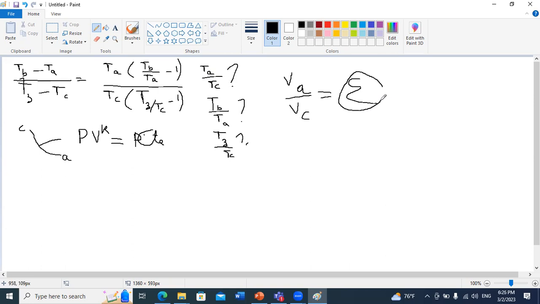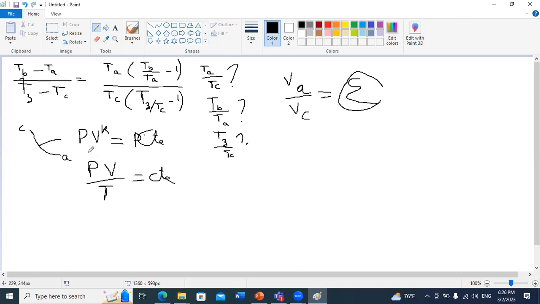I know that PV to the power K equals a constant, and I know it's an ideal gas, so PV over T equals a constant. Then I can replace the pressure term in my equation.